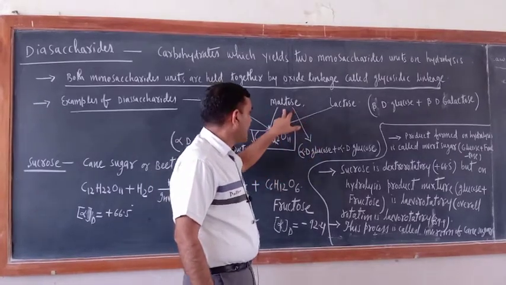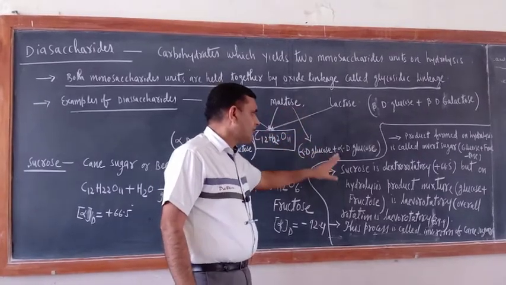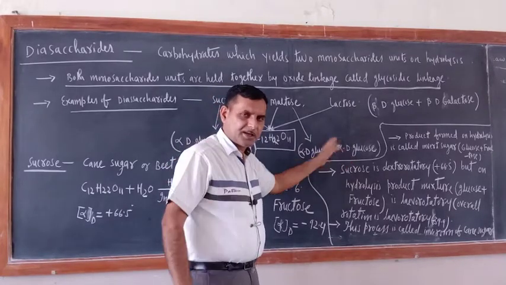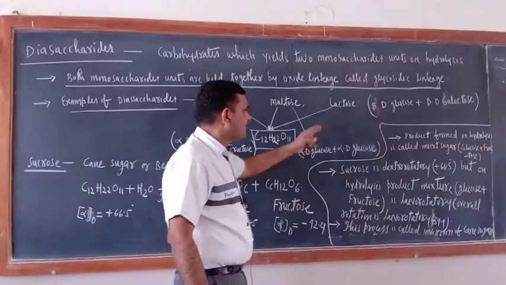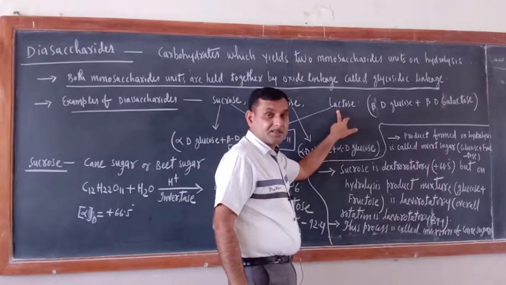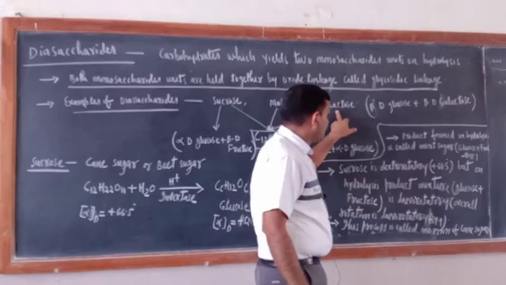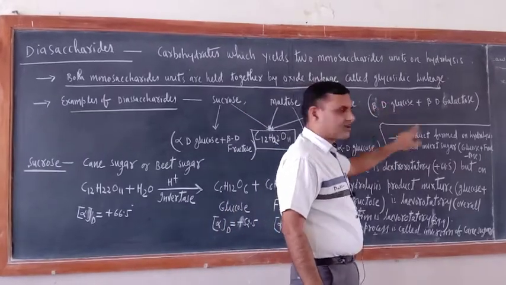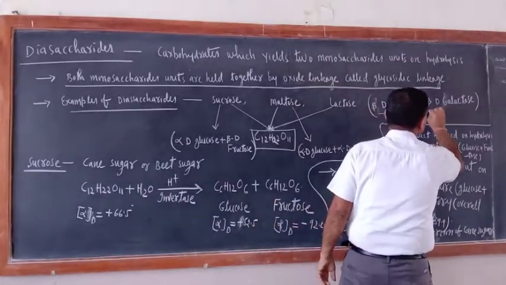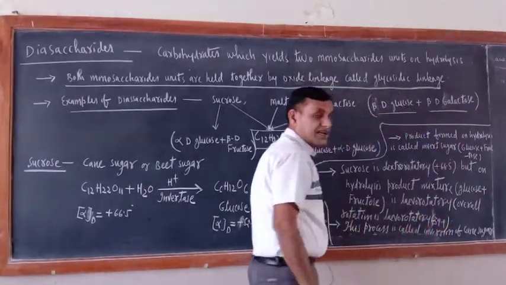What about lactose? Lactose is milk sugar. It is made up of two different monosaccharide units, one is beta D glucose, the other is beta D galactose.